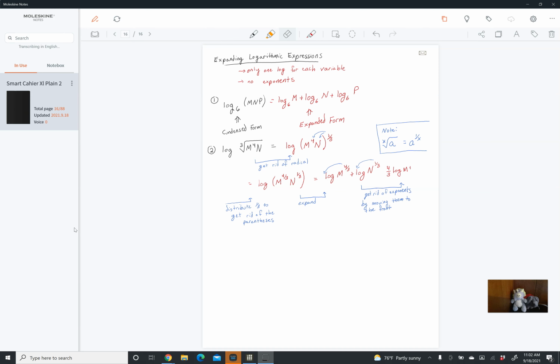plus 1/3 log n. And you can't see that, so I'm going to move the 1/3 down. The 1/3 log n, I'm just going to move it down here so that you can actually see it.